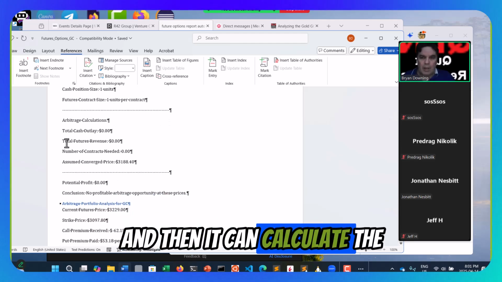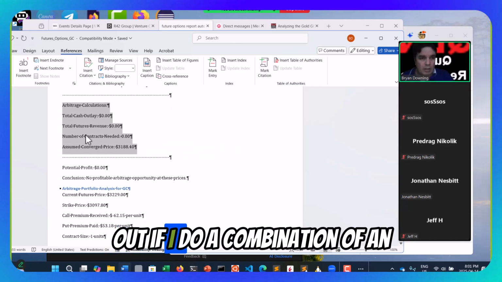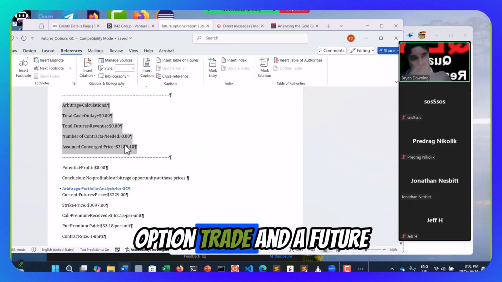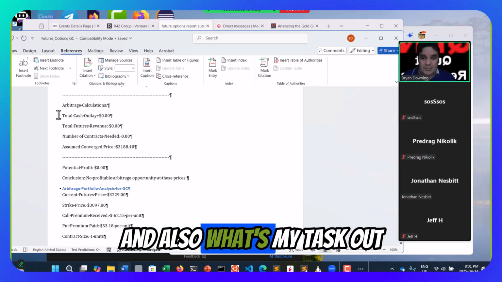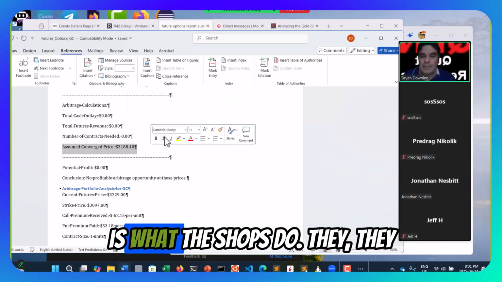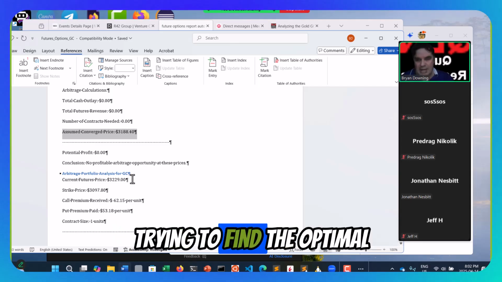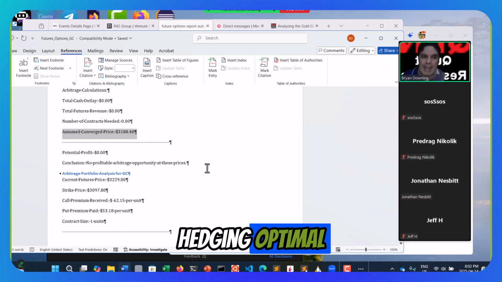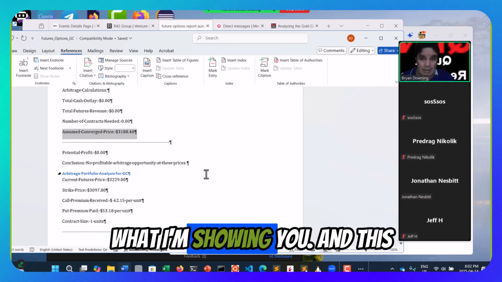Okay, and then they can calculate the different arbitrage calculations as well, figuring out if I do a combination of an option trade and a future trade, what's the profit in each, and also what's my cash outlay going to be, and so on, right? So this is what the shops do. They just run this type of analysis, trying to find the optimal hedging, optimal combination using the payoff diagrams along with what I'm showing you here.